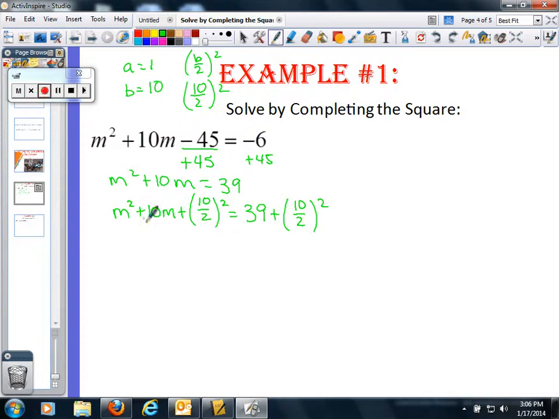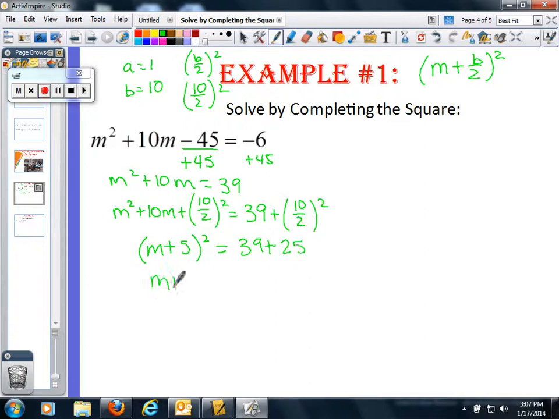Since I know this is a perfect square now, I'm going to go ahead and write it in factored form. So this is going to be m plus, I told you that when we factor, it's going to be m plus b over 2 squared. That's going to be my perfect square. So this is m plus 5 squared equals 39 plus 10 divided by 2 is 5, 5 squared is 25.